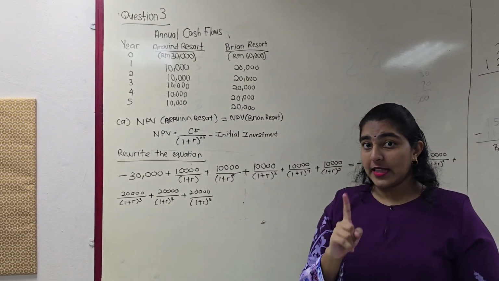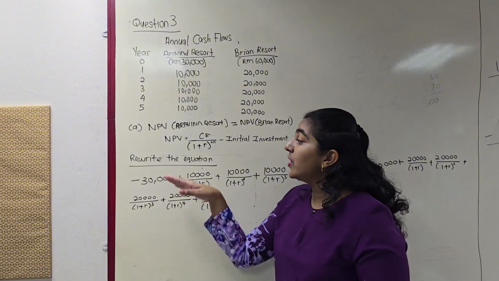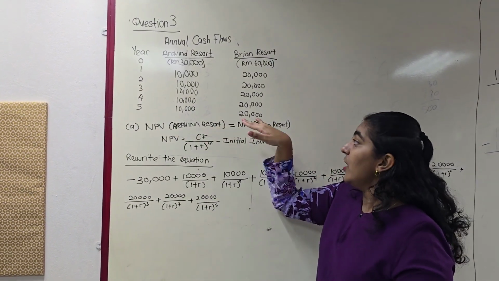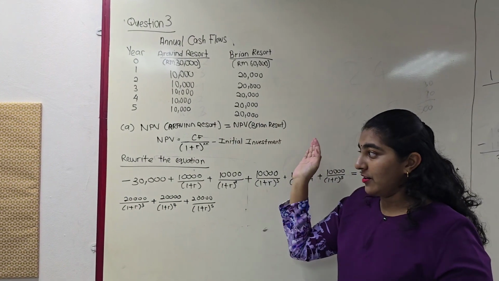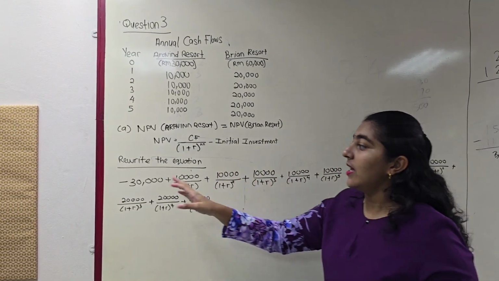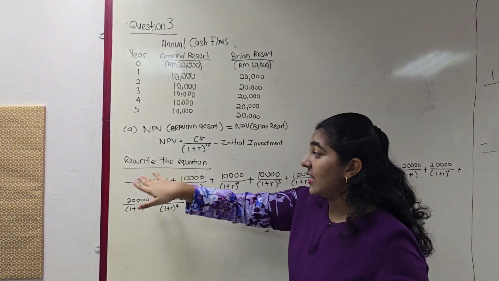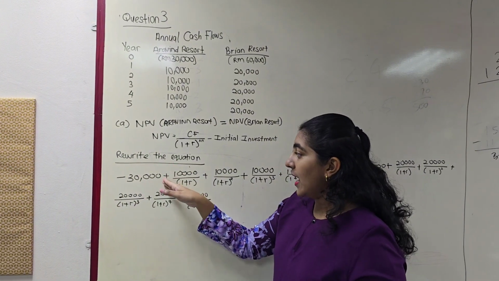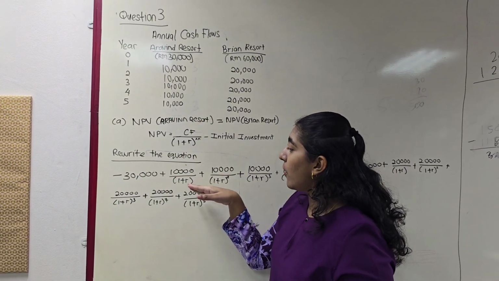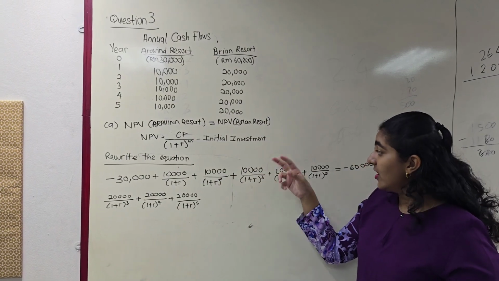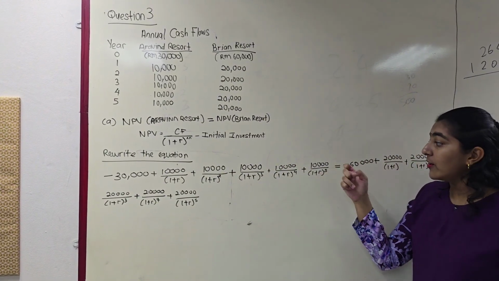The first step of the crossover rate is to rewrite the equation, NPV Aravind Resort equals NPV Bryant Resort. Negative 30,000, the initial investment, I put in front, plus 10,000 for year 1, 10,000 year 2, 10,000 year 3, 10,000 year 4 and 10,000 year 5.